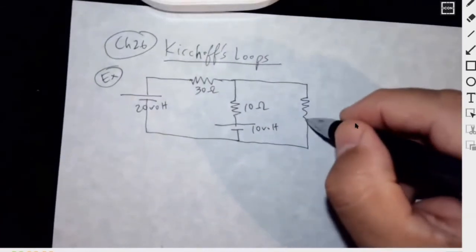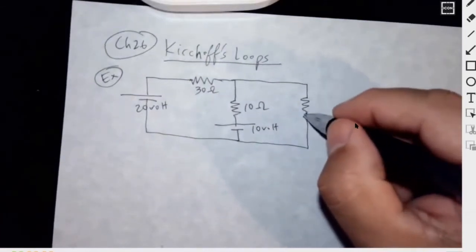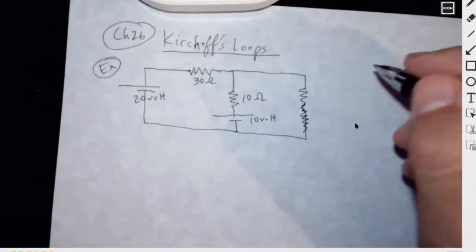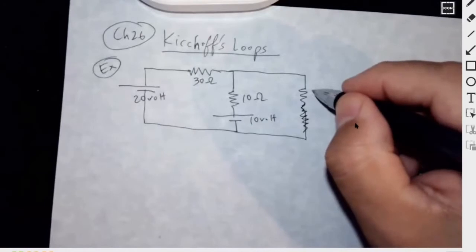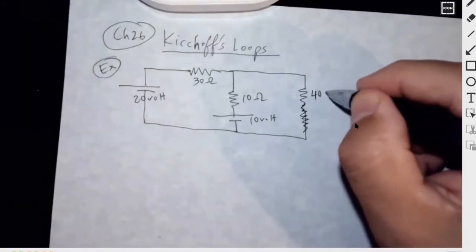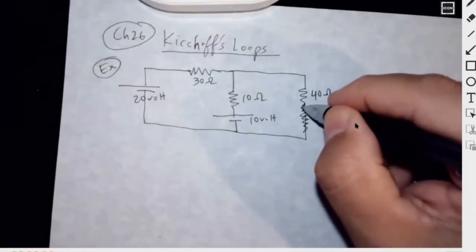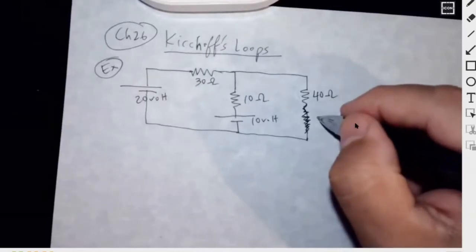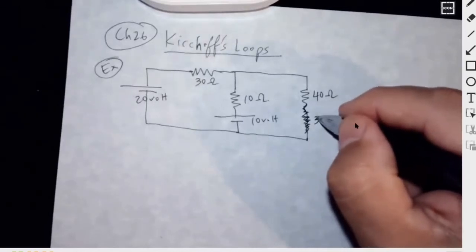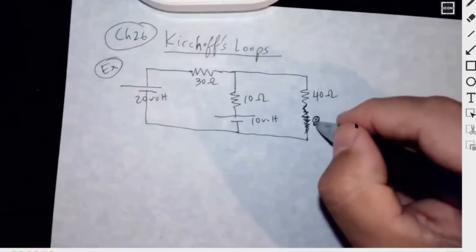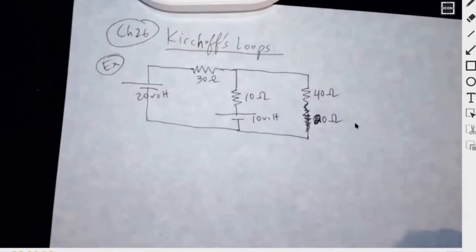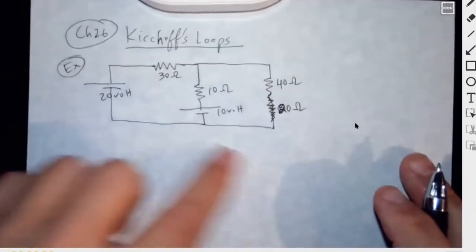Let's say we have two resistors here. Let's say 20 ohms. Something like this. This is a two-loop case.